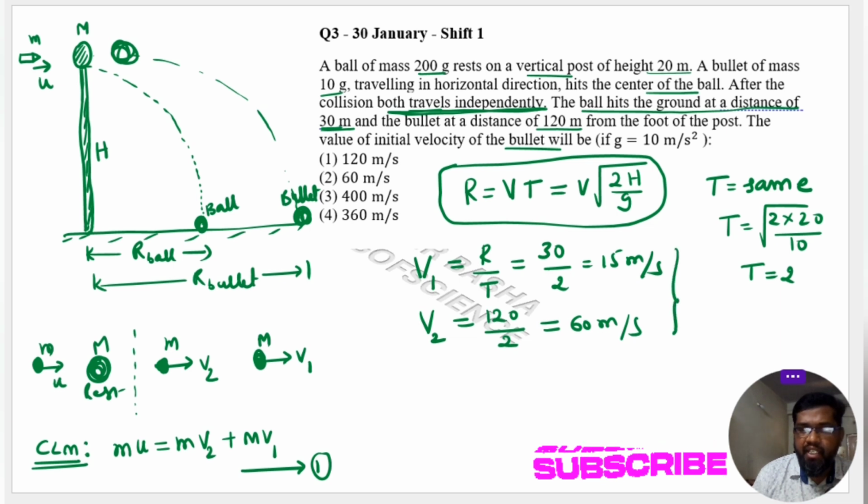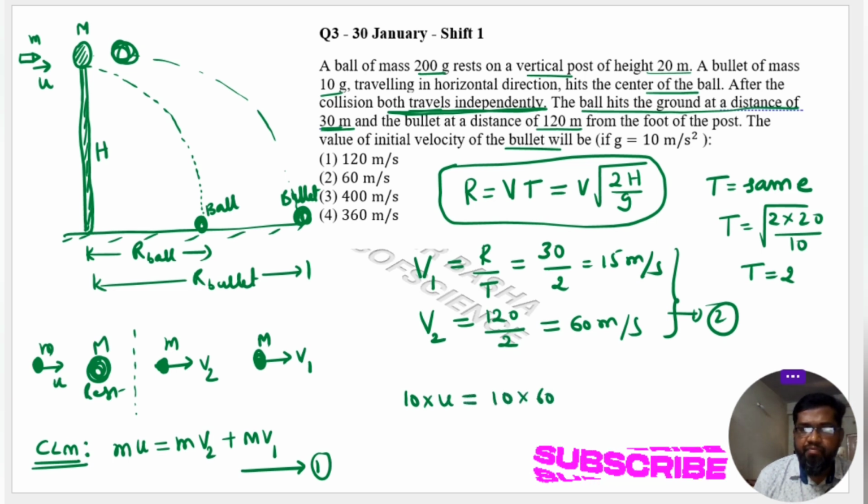Put these values in equation 1. The mass of the ball and the mass of the bullet are already given. The bullet mass is 10 grams, and its velocity I need to determine. So v2 I got as 60, plus the mass of the ball, given as 200 grams, into its velocity, 15, which we just calculated.